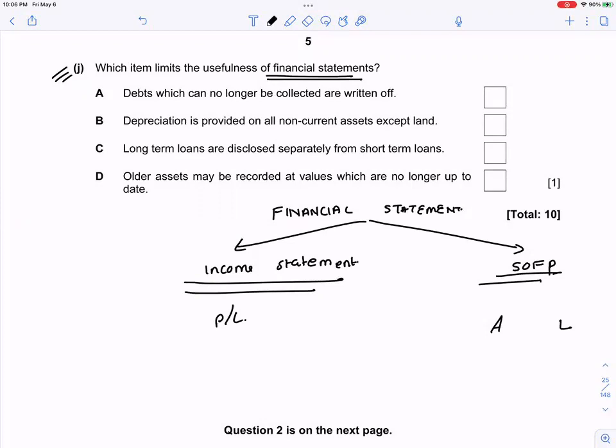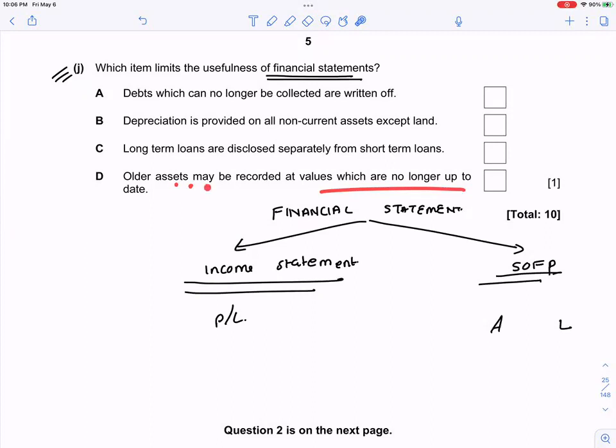So what is the thing which will make the financial statements less useful? It will limit the usefulness. Miss, older assets may be recorded at values which are no longer up to date. So old assets will be recorded at their old price.